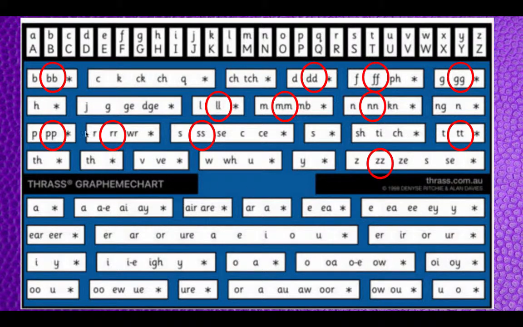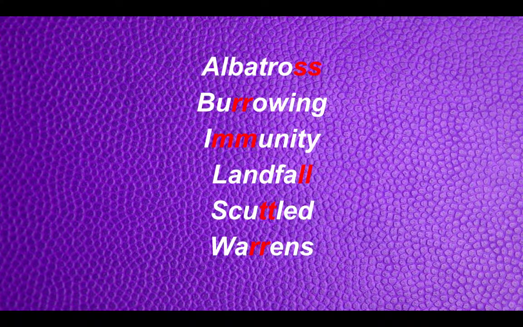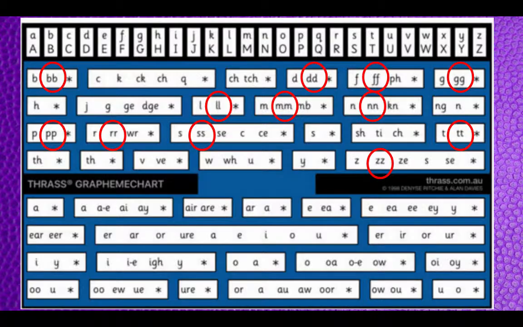So we can see double B, double D, double F, double G, double L, double M, double N, double P, double R, double S, double T, and double Z. Now, of course, we do not have all of those represented in our 6 words here, but you can see that we have a variety, S, R, M, L, and T. Which ones aren't there? Well, of course, we don't have double G.